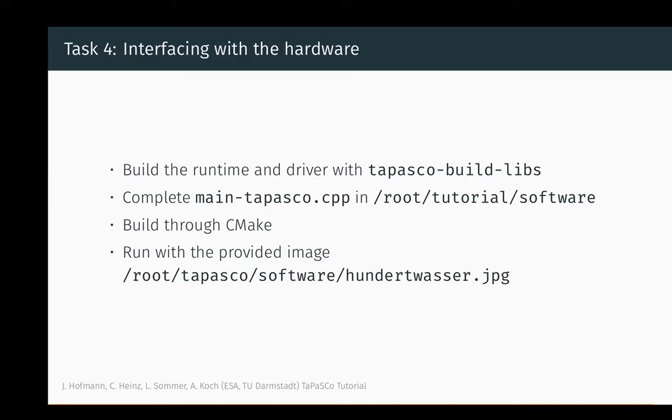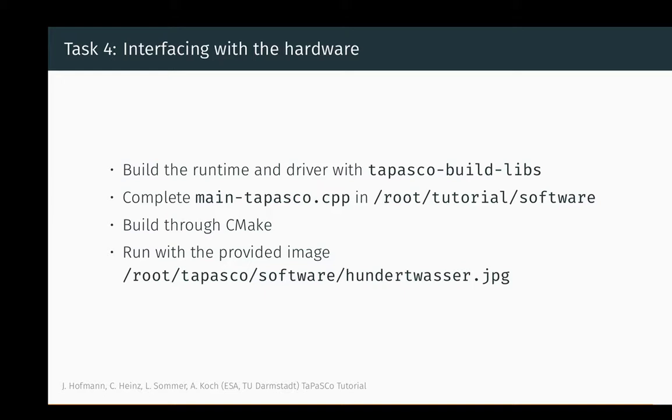We've already done the first step when we set up TaPaSCo, so you can skip that. If you go to the tutorial folder where you've been all the time, there's a software subdirectory, and there's a main TaPaSCo in it. That main TaPaSCo is reading a JPEG image, getting the 3 different channels out of that image, so the RGB channels, and your task now is to run this image through the grayscaler, and after that run it through Sobel to get the edge detection.